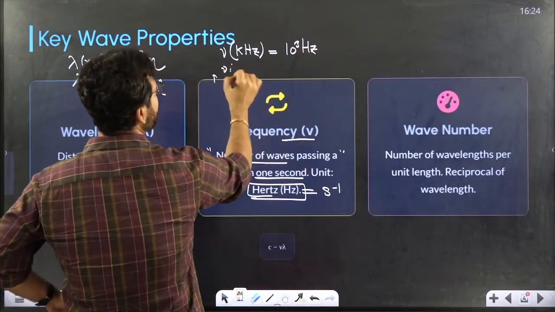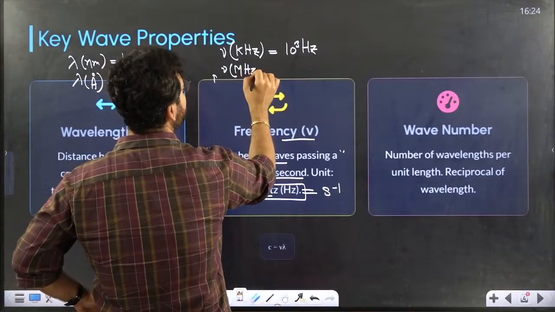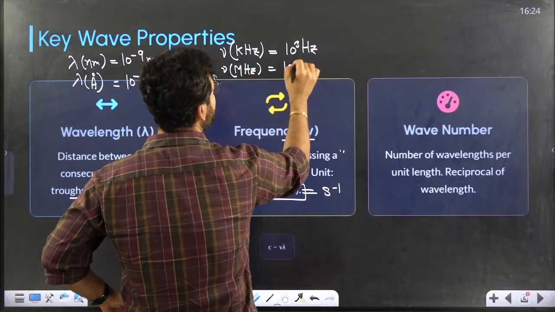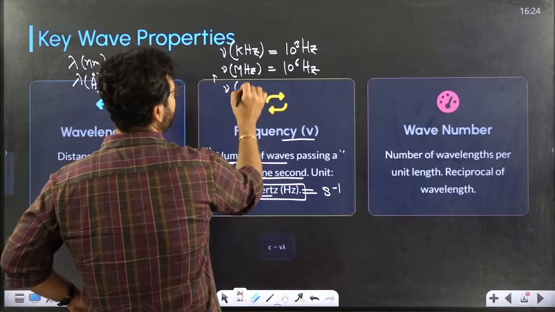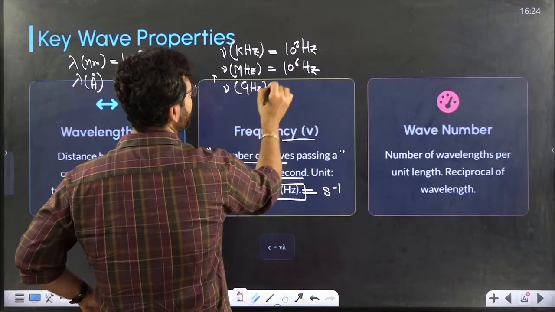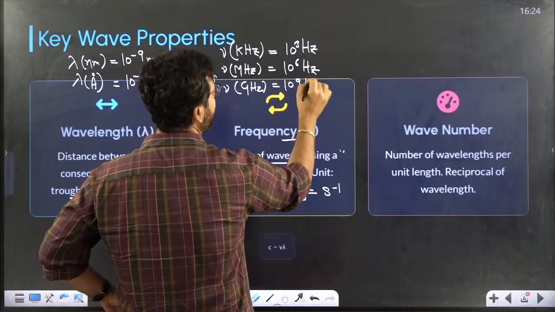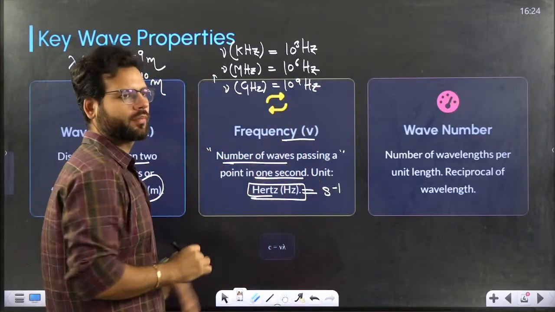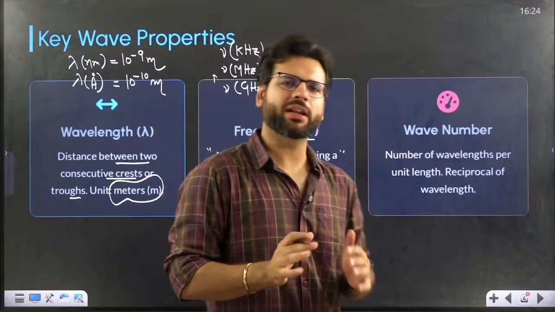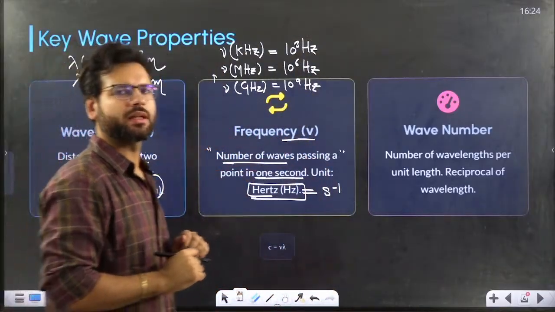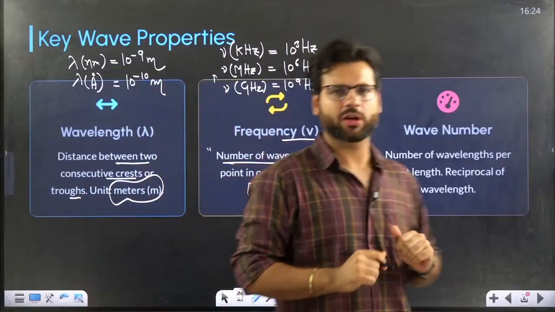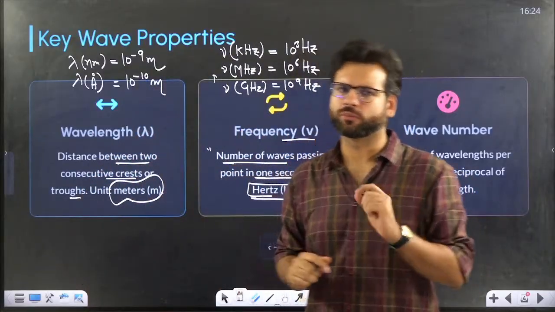It may be given in megahertz, MHz, which is 10 power 6 hertz. It may be given in gigahertz. Giga means bigger than mega, 10 power 9 hertz. Now by the unitary method, you can easily derive the value of this frequency nu.